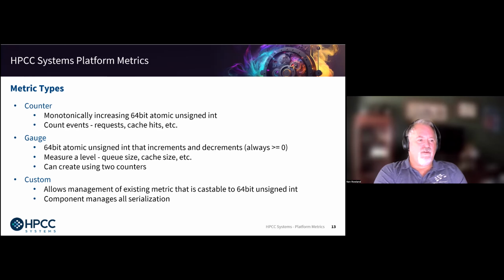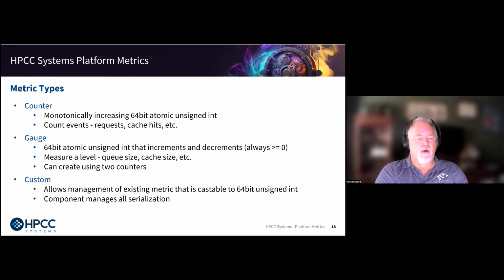Moving on, I'd like to talk about the metric types that are available inside the framework. Now, these are defined for use by components. First is a counter. A counter is a monotonically increasing 64-bit atomic unsigned integer. Okay, what does that mean?